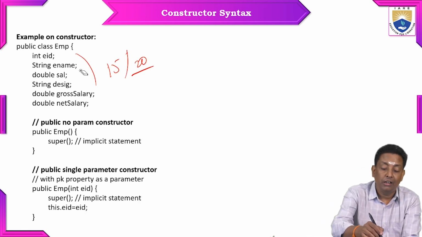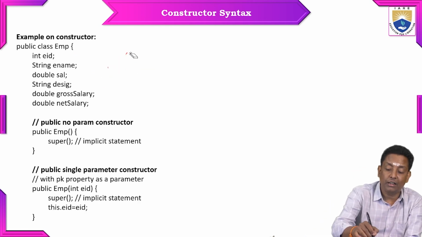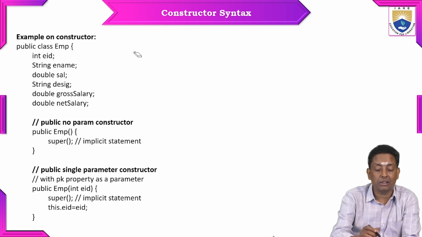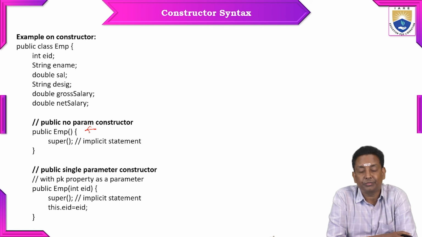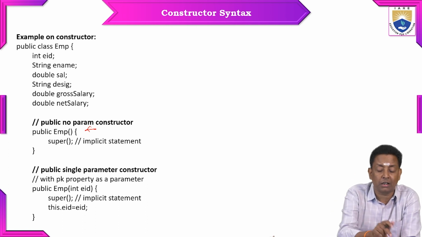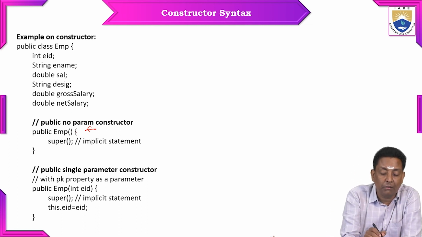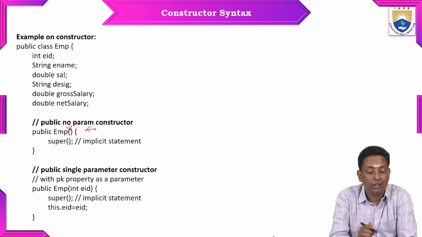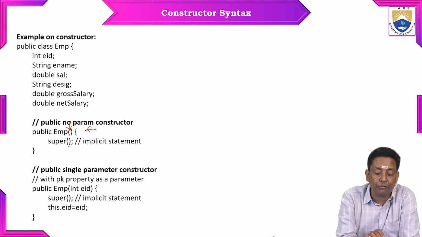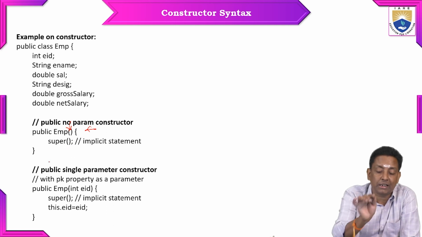So here, to satisfy that, in the class I'm writing one public no parameter constructor. How to write it? Public EMP with no parameters. This is one constructor. From here also, by default, implicitly, the superclass constructor will be called.